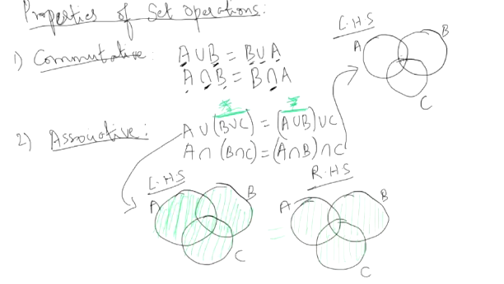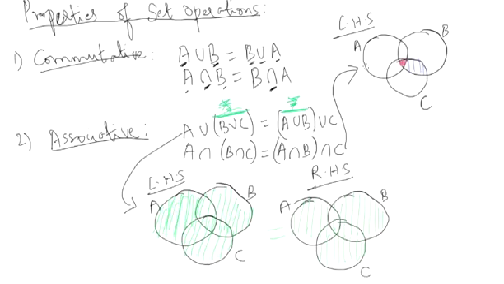B intersection C is only that. Then what is A intersection of that? This part alone. The part where A intersects with B intersection C is this part alone, right?